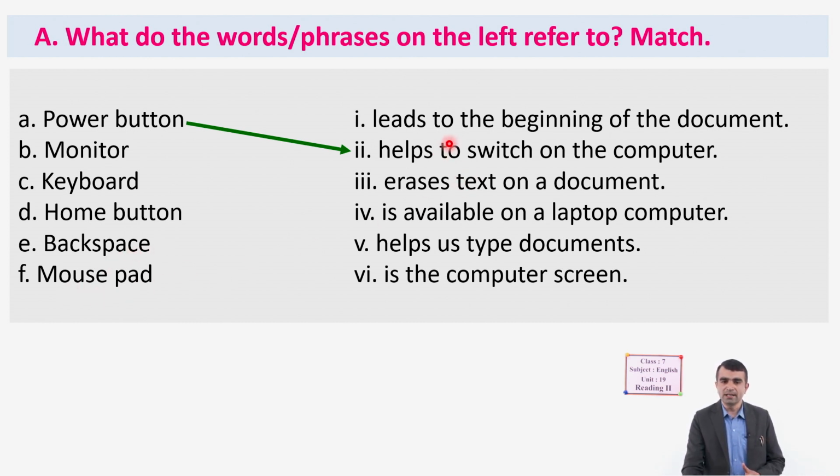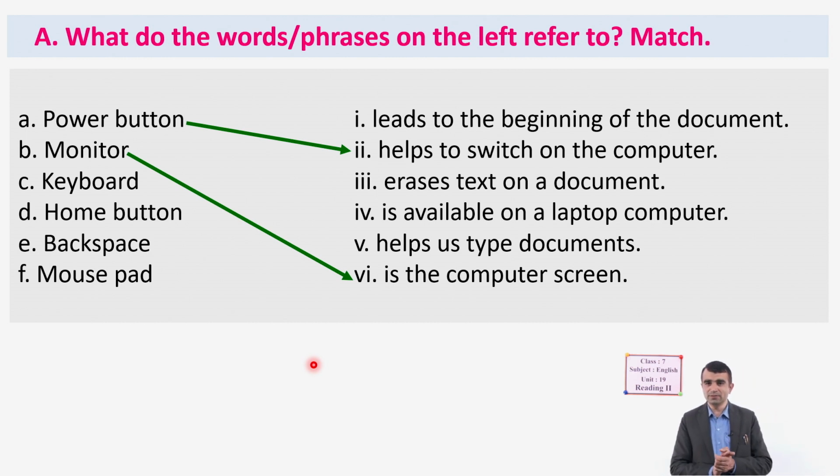And second part: leads to the beginning of the document, helps to switch on the computer, erases text on a document, is available on a laptop computer, helps us type documents, is the computer screen. Now monitor. What is a monitor? Which is it related to? Good. Okay. Monitor is the computer screen, isn't it?